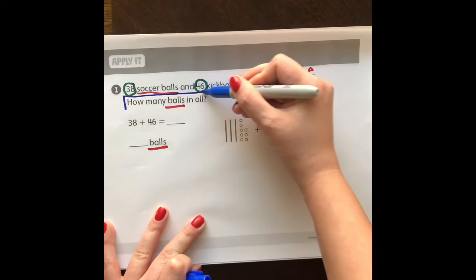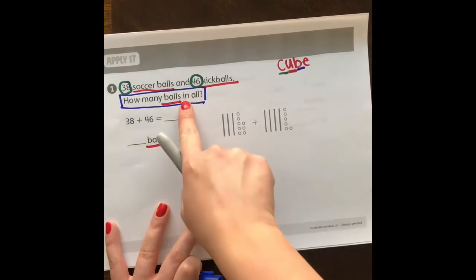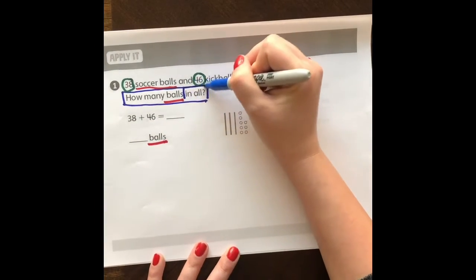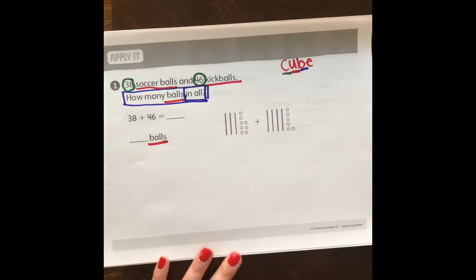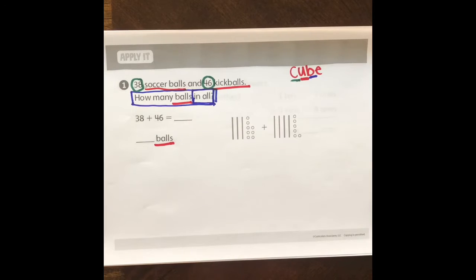Our question is how many balls in all? And if you notice the words in all at the end, you are fabulous. You can go ahead and box those as well, because those are our magic words that tell us that this is going to be an addition problem. So, how many balls in all? We are adding. Addition sign, addition sign.